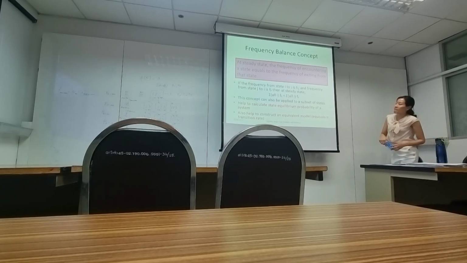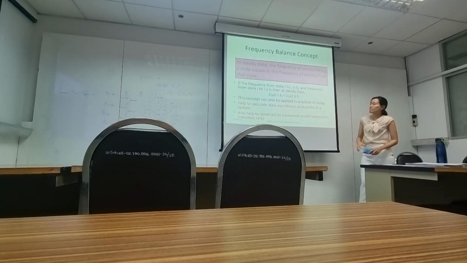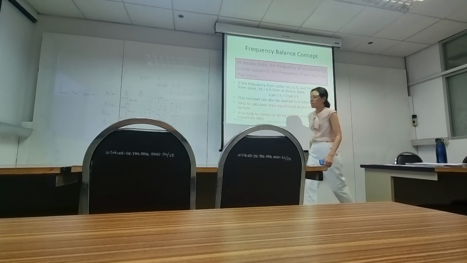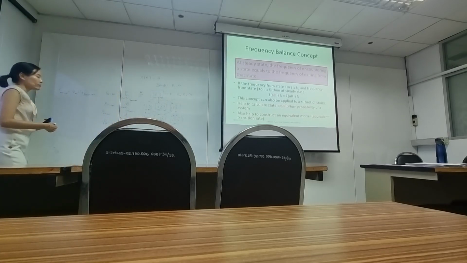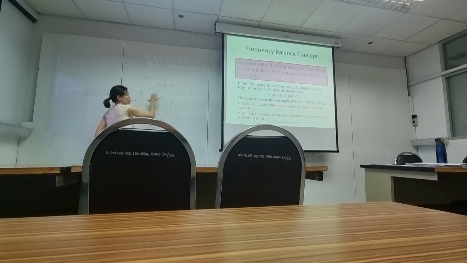So all the frequency means that if you draw a boundary, any boundary, for example, you draw a boundary here, it means that the frequency here to here is equal to probability here times the rate here plus probability here times the rate here plus probability here times the rate here.